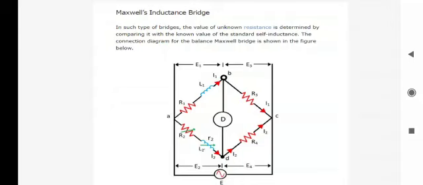The connection diagram for the Maxwell bridge is shown in the figure below. Here L1 is the unknown inductance of resistance R1, L2 is a variable inductance of fixed resistance r2, R2 is the variable resistance connected in series with inductor L2, R3 and R4 are non-inductive resistances.